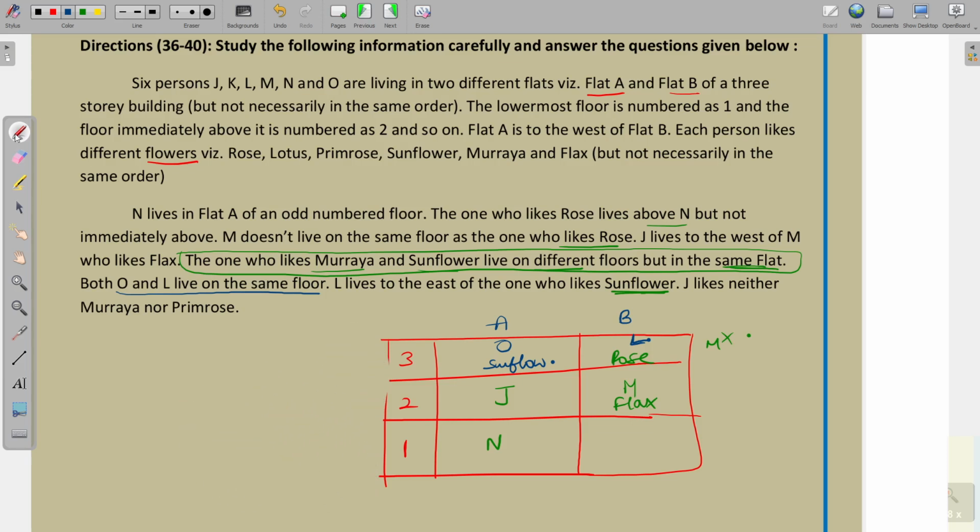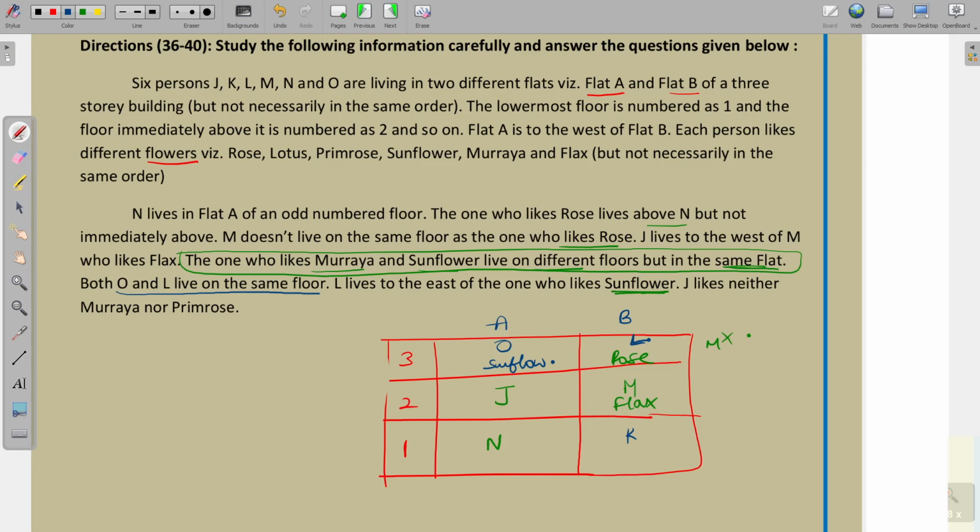Next, see the next one. L lives to the east of the one who likes sunflower, and J likes neither Muria nor primrose. Okay, so the remaining person is K here, and J doesn't like Muria or sunflower. The ones who like Muria and sunflower live on different floors of the same flat.